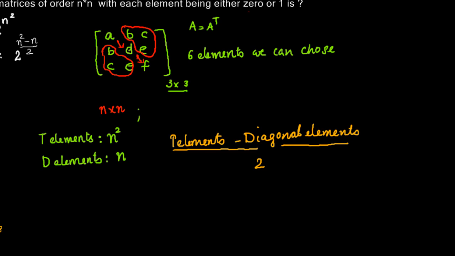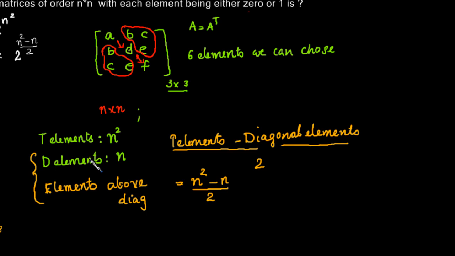We can write it in terms of the equation. It will be n square minus n by 2. This is the number of elements above the diagonal. Okay, so we have found out the number of elements above the diagonal. So what we need is the number of elements in the upper triangle.